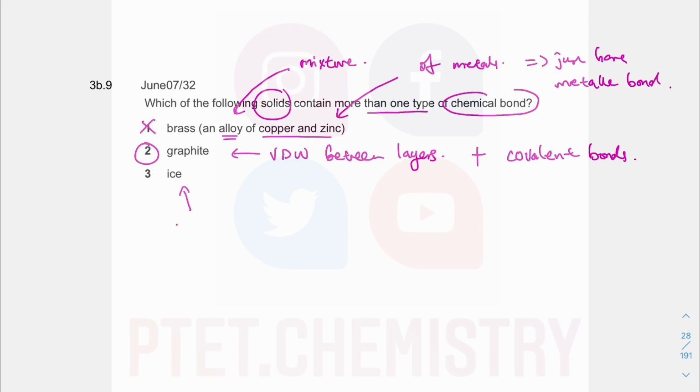In ice, this is a very special one. This is called a hydrogen bonded solid network. It's specifically stated as part of your states of matter in topic 4, where it overlaps with topic 3, structure and bonding, a lot.